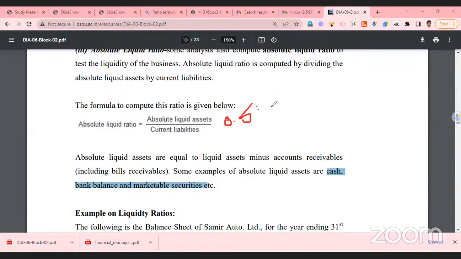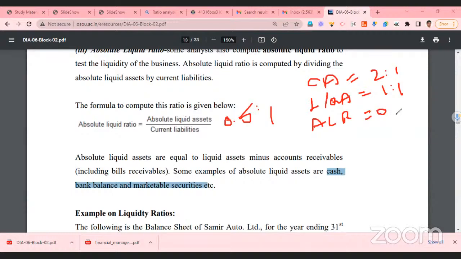So for the current ratio, what is the benchmark? The current ratio is 2 is to 1, the liquid ratio or quick ratio is 1 is to 1, and the absolute liquid ratio is 0.5 is to 1.